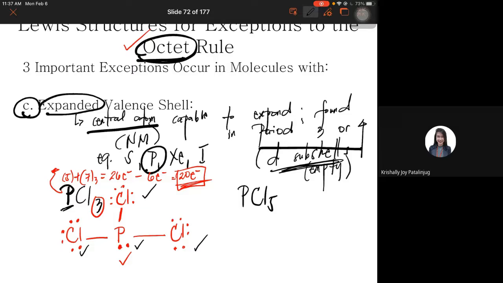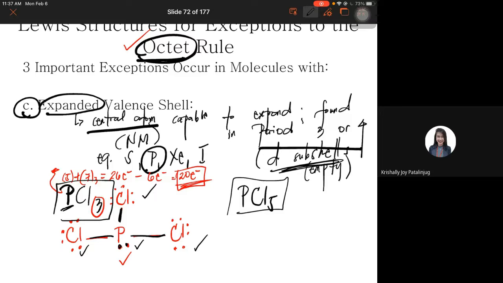Depende yan sa surrounding atoms niya. Okay? But pwede na din naman in some cases, phosphorus could expand its valence shell. Pwedeng more than 8 yung surrounding niya na electrons. Well, in this case, octet yung phosphorus. What about in the case of phosphorus pentachloride?